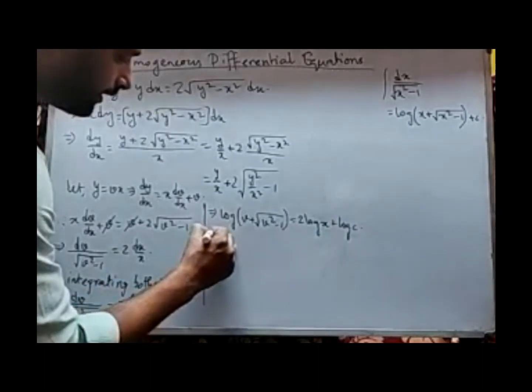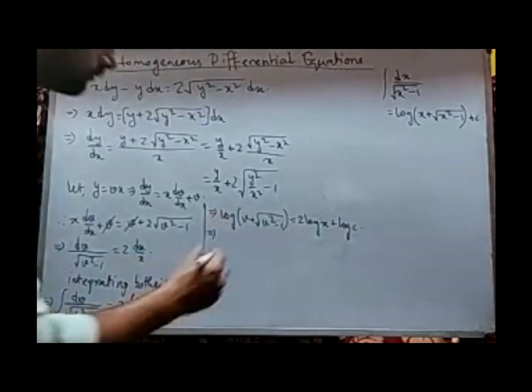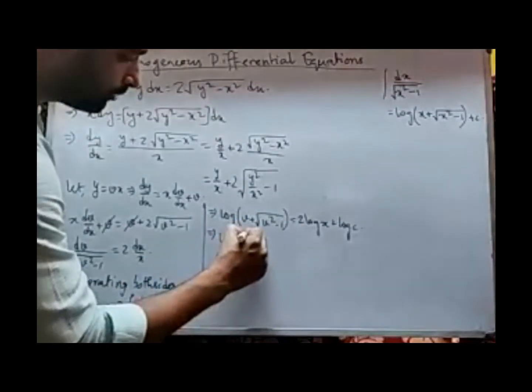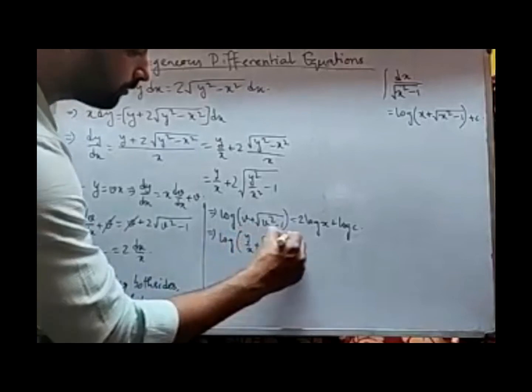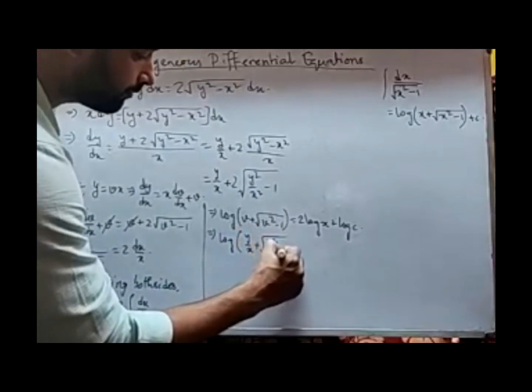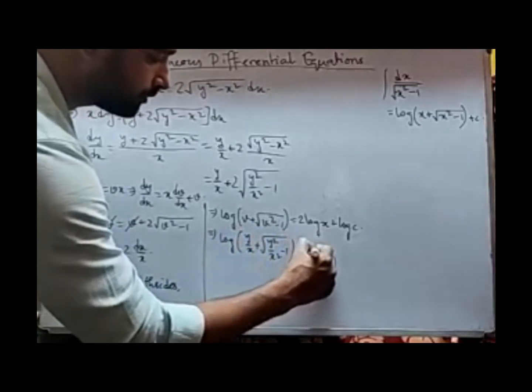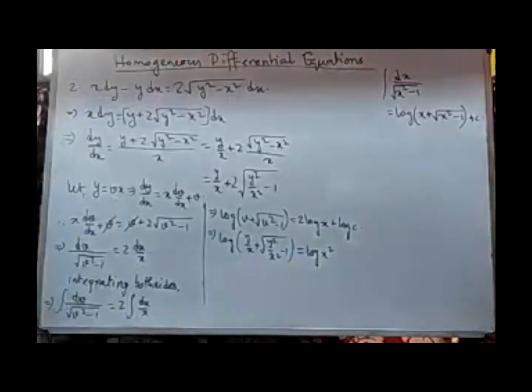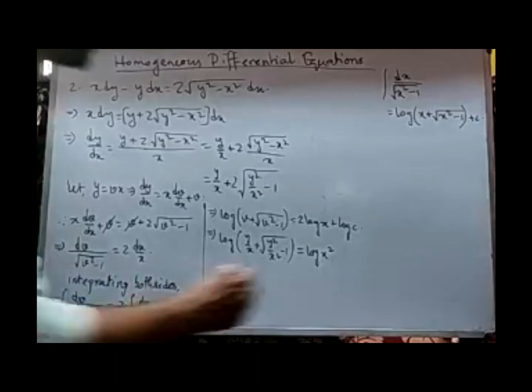So from here we can put the value of v. That means log of y by x plus root over of y square by x square minus 1 is equals to this. We can write as log x square, that 2 is coming to the power of x. Then plus c.